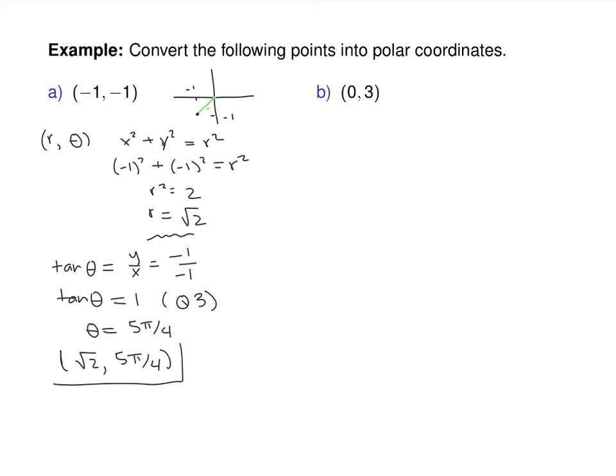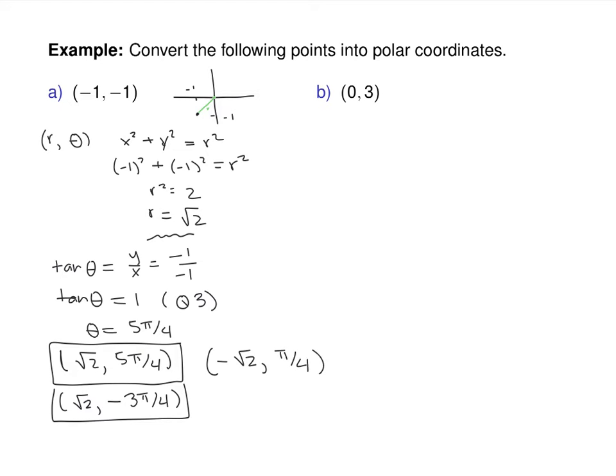This representation is not unique, so that is not the only way. You could have also said root 2, negative 3 pi quarters. And instead of going counterclockwise with that angle, you would go clockwise. If you would like to be really, really clever, you could have said negative root 2, positive pi quarters, because to plot that point, you would go forwards pi quarters with a distance of root 2, and then you would reflect down.